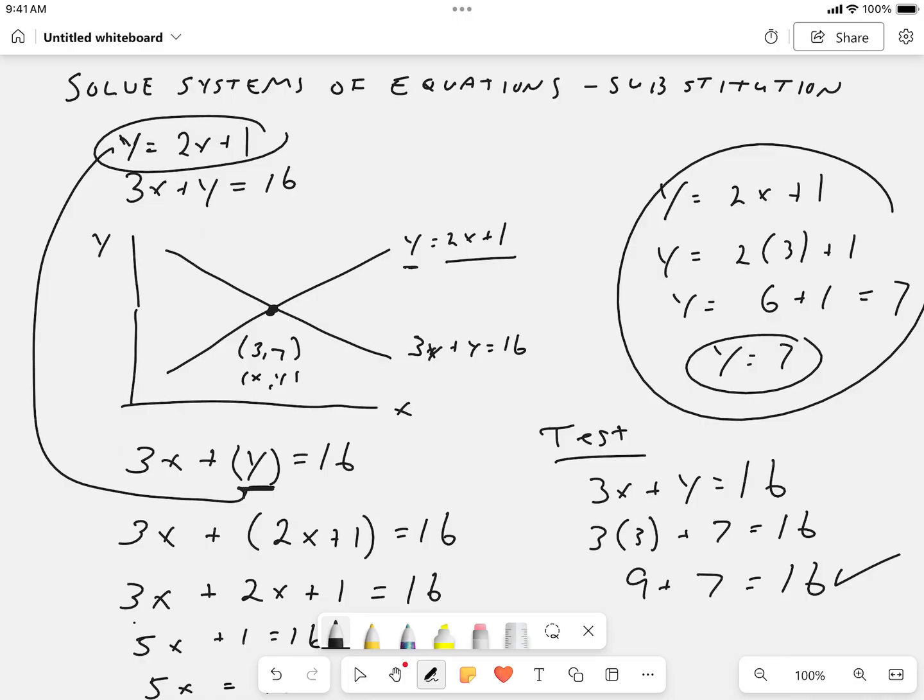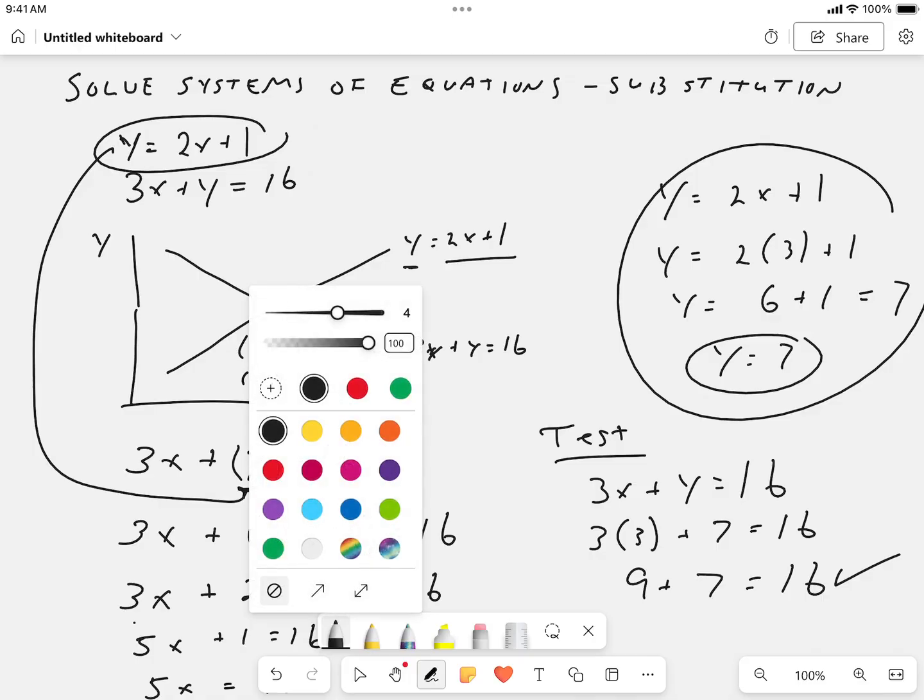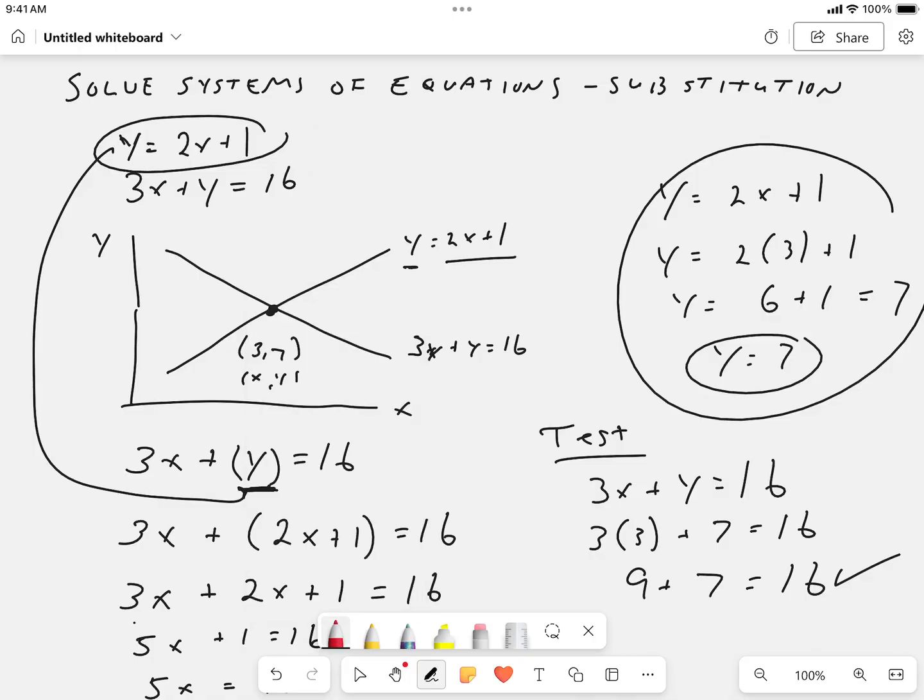By using parentheses right here, I was making it really super clear that this value here is what I am substituting. It's not that people don't understand how to do this, but the mistake they make is they get confused in the details. Putting it in parentheses puts it in a box, if you will, and allows you to see more clearly what's going on.